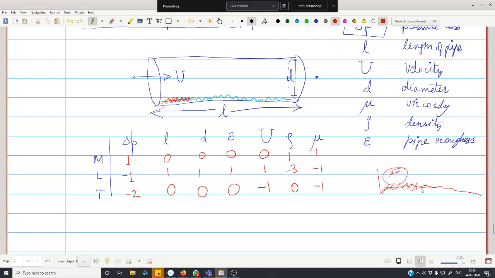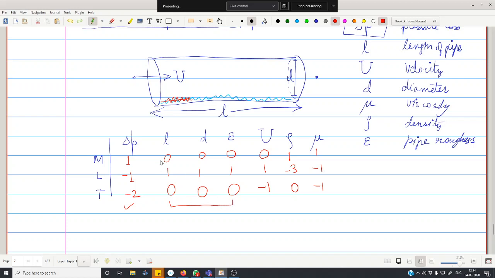Roughness is a unit of length. It is not a dimensionless quantity. So now this is the parameter we want to eventually find out, so let's not play around with this in the rank. L, D and epsilon all have the same dimension.